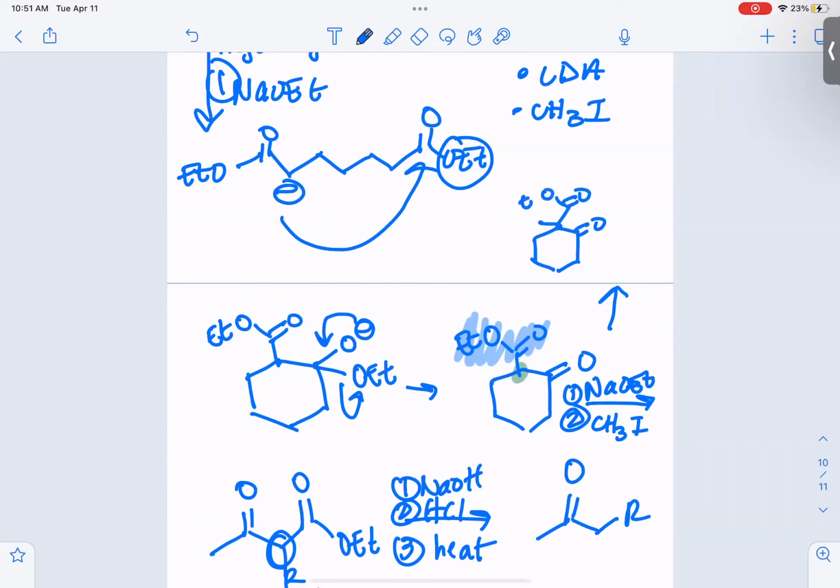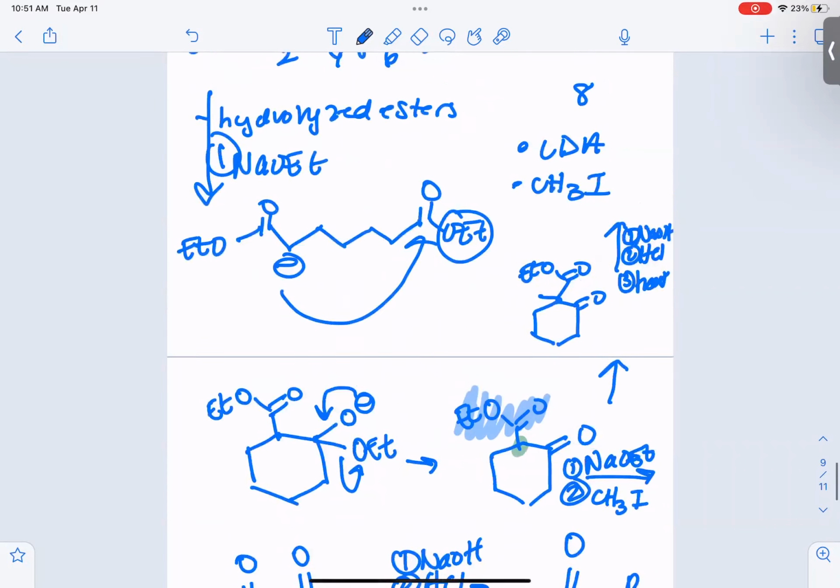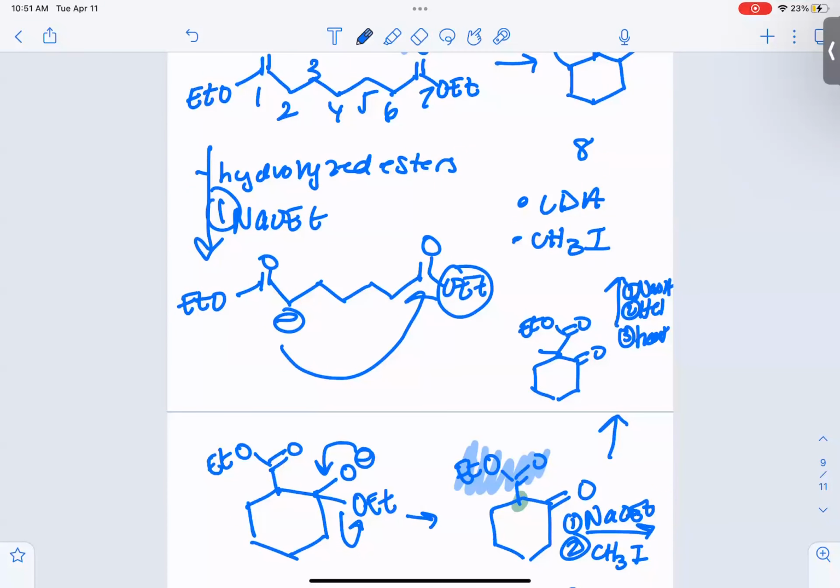Now I can do NaOH, then HCl, and add my heat, and I'll get rid of that ester.